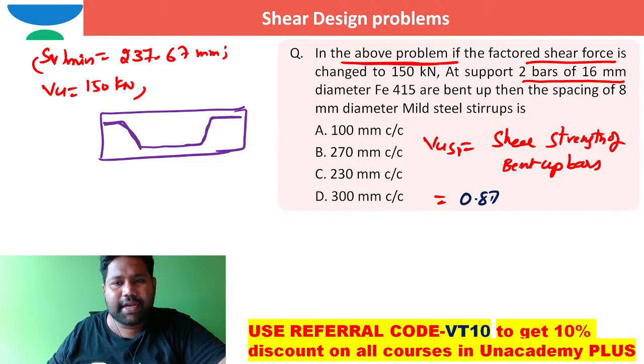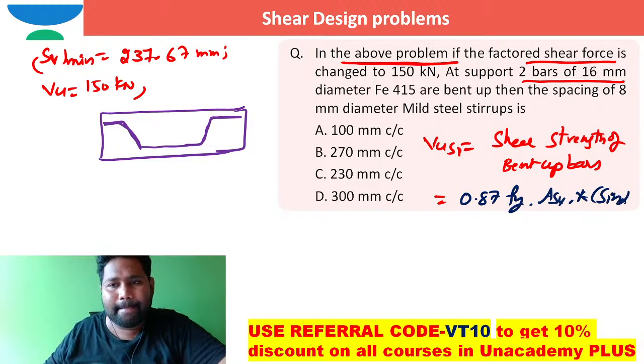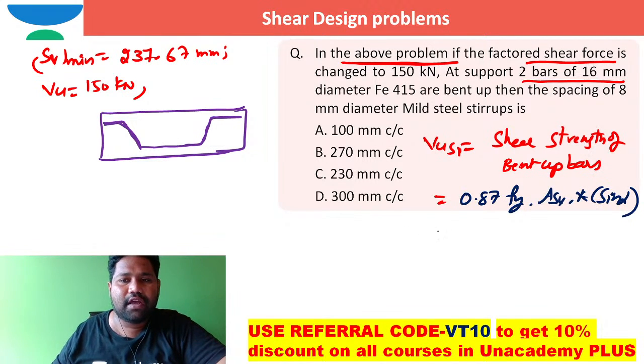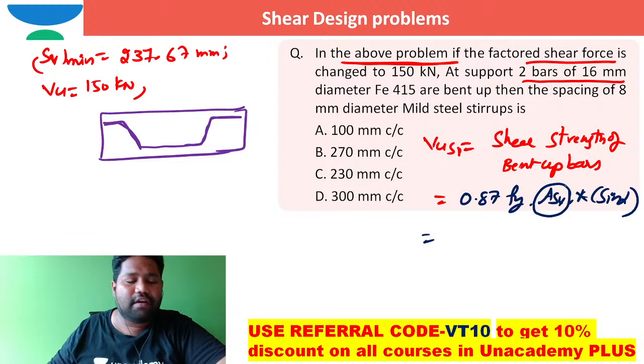It is 0.87 Fy ASV into sine alpha. What is ASV? It is the cross-sectional area of the bent up bars.